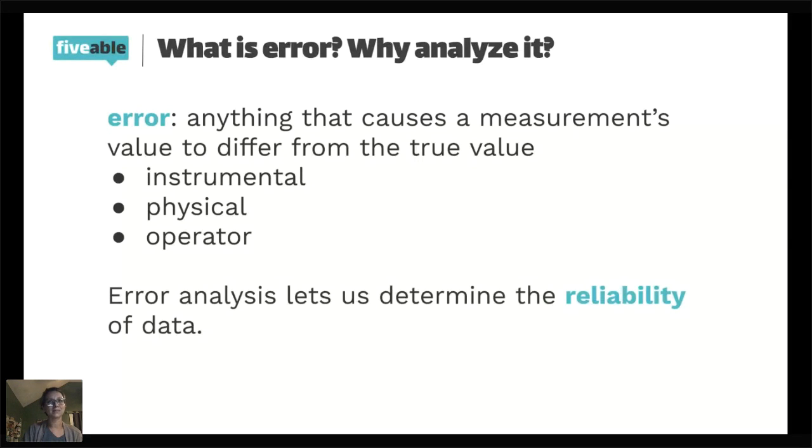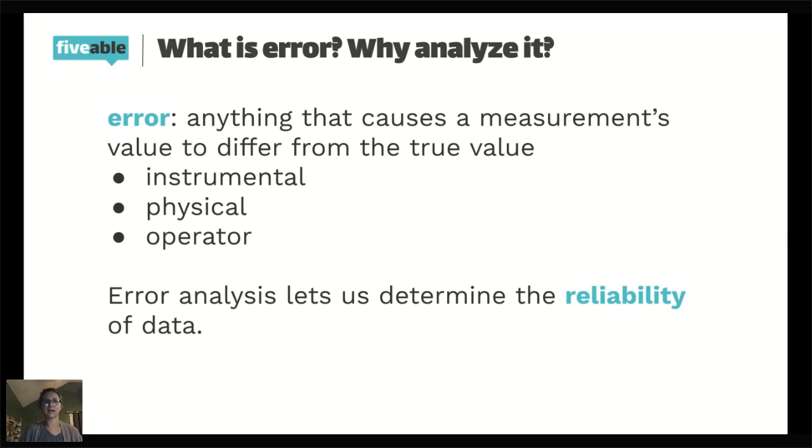Why it's important to analyze error is it lets us see how reliable our data is. If the data is what you are using to draw a conclusion from in an experiment, and you'll see that on the AP exam, you'll have these experimental design questions where you'll be given the bare bones of a setup, or a job: a group of students wants to determine X, and you have to come up with the experiment that will allow you to determine that.